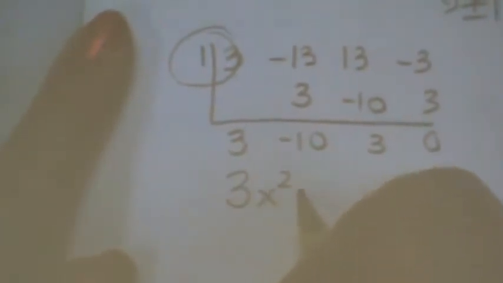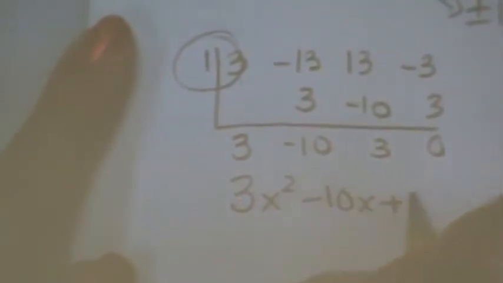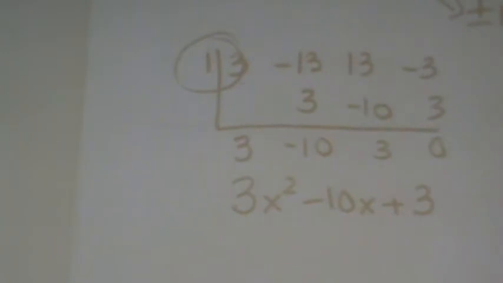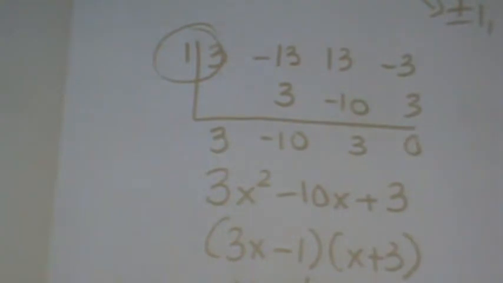Now what you have here, you have a quadratic formula that is simply factorable. And your other two zeros are 1/3 and -3. And these are rational. They're rational.